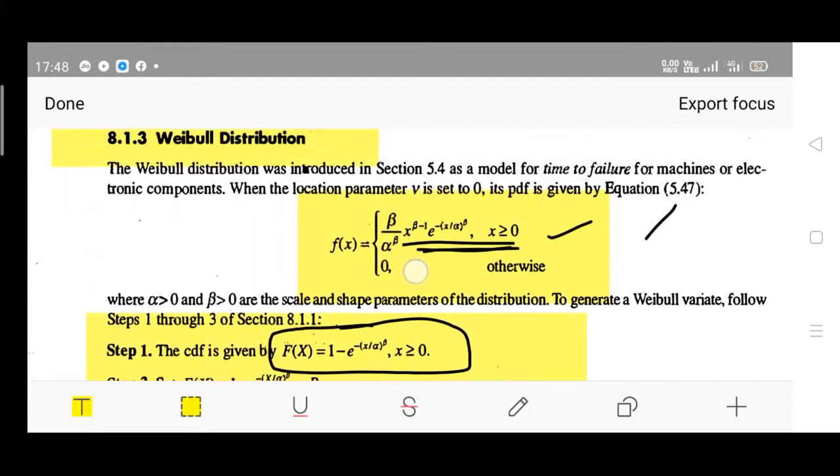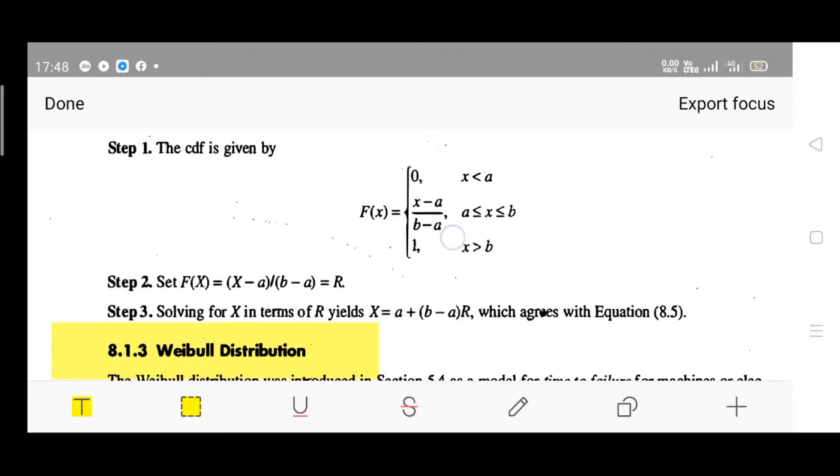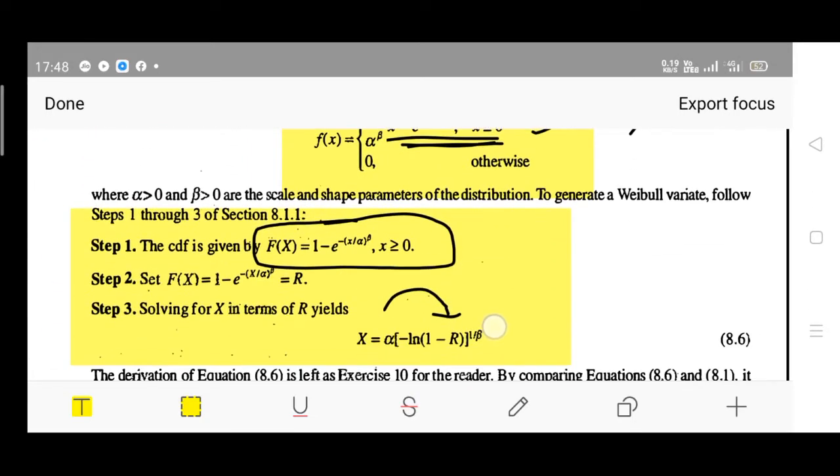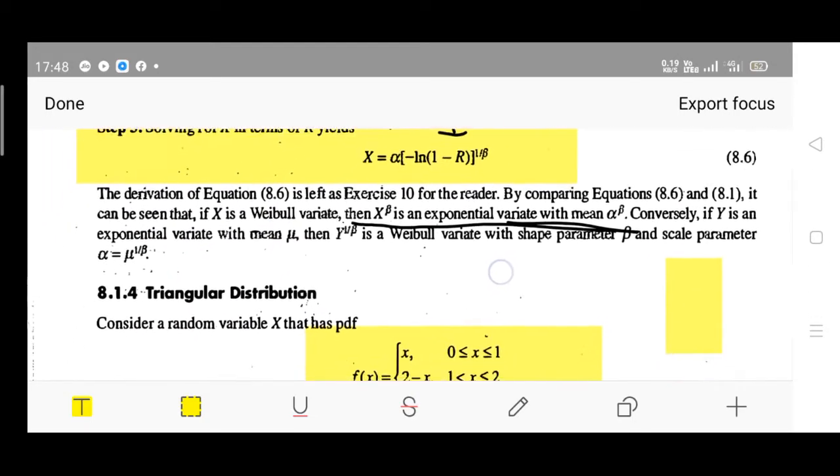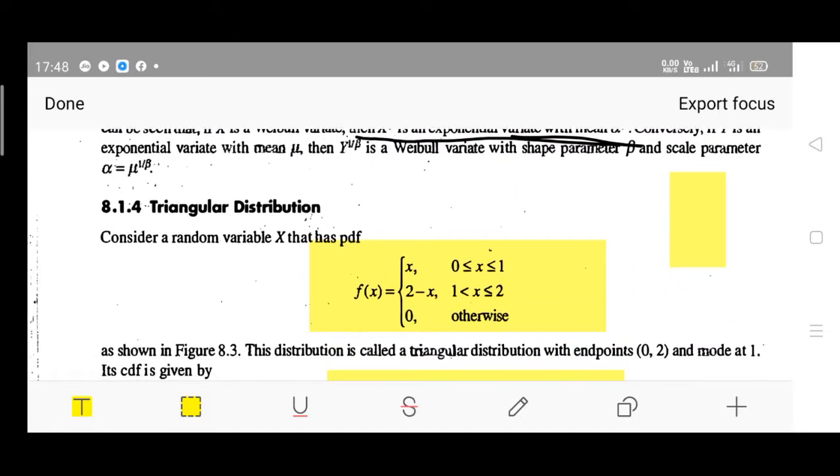Go through page number 244, which tells you about this type of distribution, the random variate generation. Next is the triangular distribution.